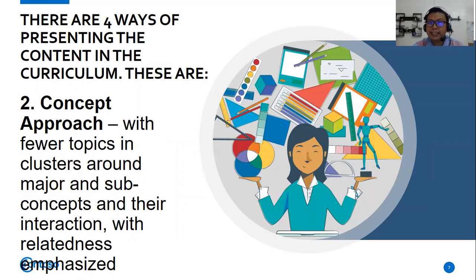The second is the concept approach, with fewer topics in clusters around major and sub concepts and their interaction, with relatedness emphasized. So the topics are broader compared to concepts, because concepts are clustered topics with relatedness or connection, which is emphasized.